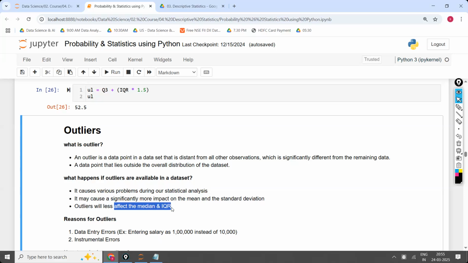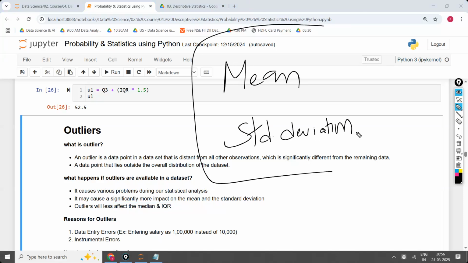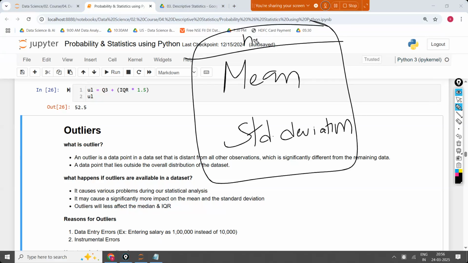Standard deviation, what are the deviation values and what are the mean values we are going to calculate now? Mean and standard deviation. From measures of central tendency, it is the mean. From measures of dispersion, it is the standard deviation. These are the two. 90% of the cases will use these when there are no outliers. The condition is no outliers.